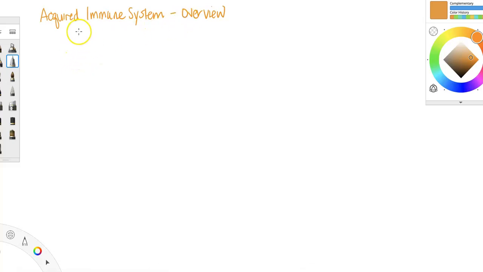All right, so the acquired immune system is mediated by lymphocytes.